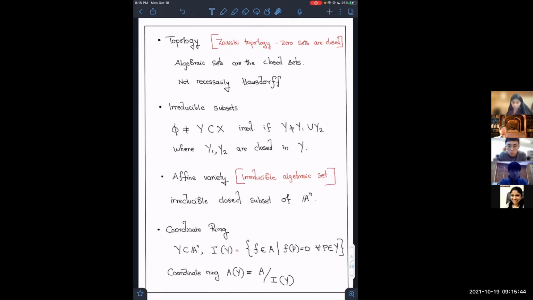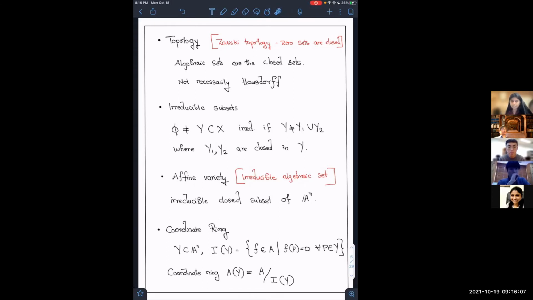We have the notation I, which is the ideal generated by all the polynomials that have Y as the zero set of that collection. Then we define the coordinate ring A(Y) to be the quotient of the polynomial ring divided by the ideal of Y. Okay. Any questions so far?